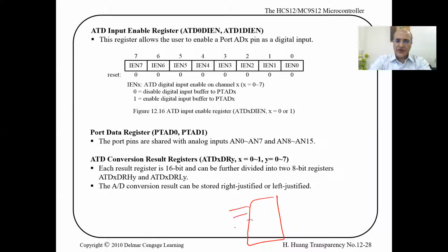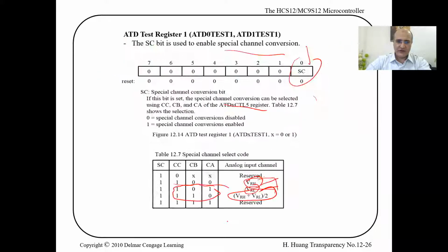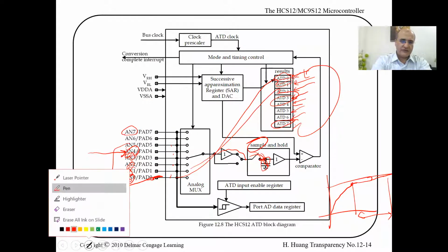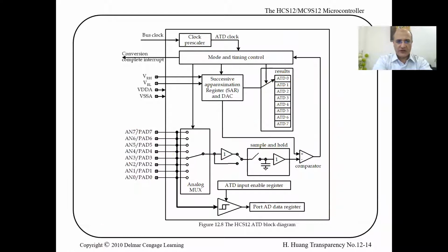We said that we have these AN0, AN1 bits, the 8 channels here. These channels, this channel is by default analog, but you can configure it as a digital pin where you can read it just like, for example, port B0, bit 0 or bit 1, as a digital port.